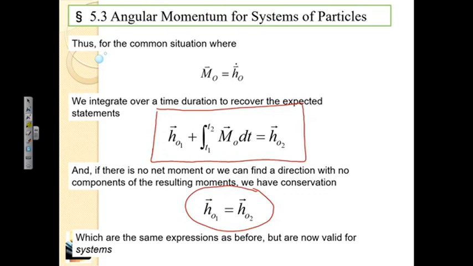So my R1 is in the R direction. This is in the theta direction. So this would be equal to what's happening at state 2. At state 2, I still have two balls, but now I've got R2 in the R direction plus the same mass, R2, omega 2 in the theta direction.